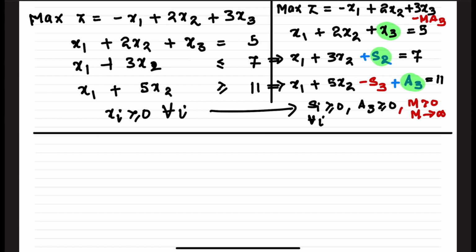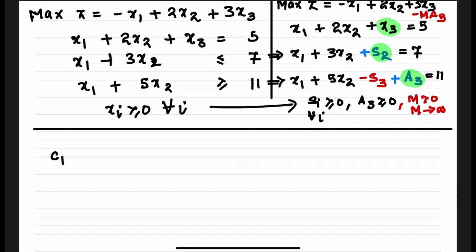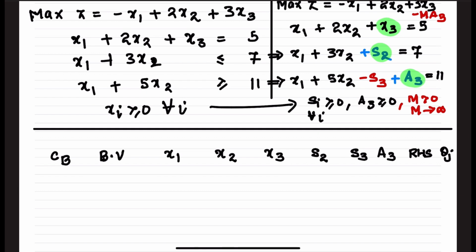So the columns are CB, basic variable, x1, x2, x3, then we have S2, then we have S3, A3, RHS, and theta j. So these are the variables that we have.